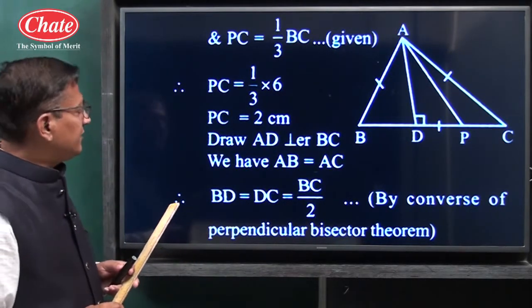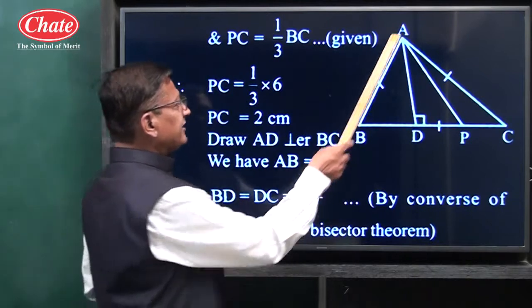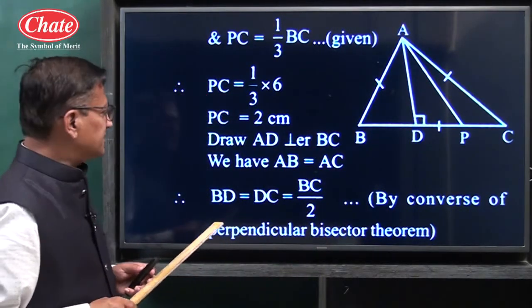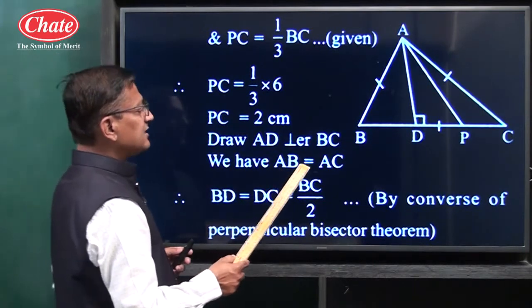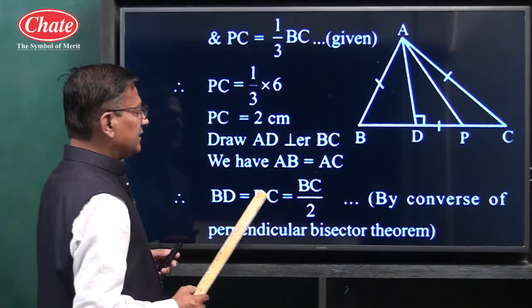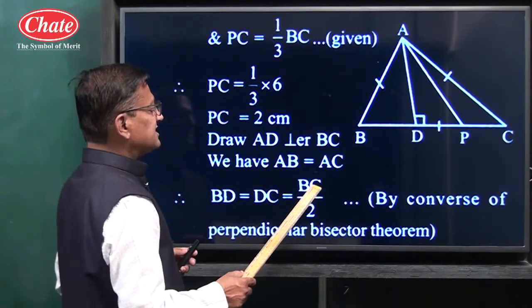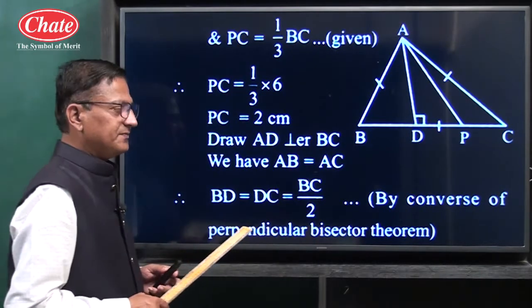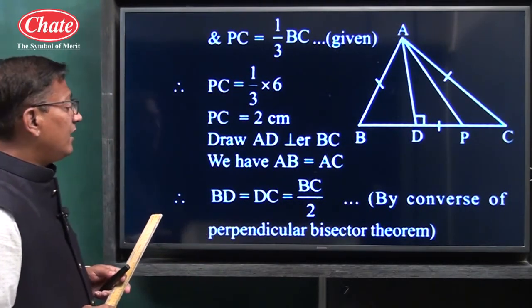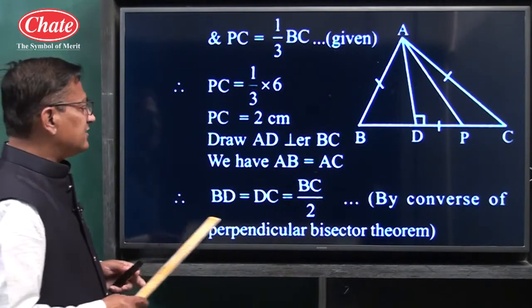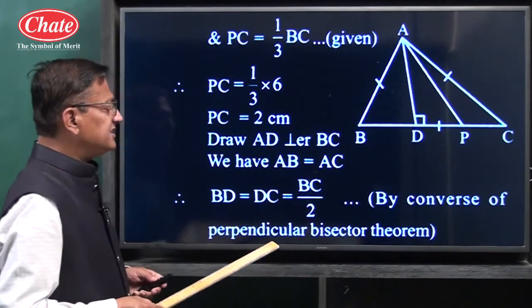Number 1. Number 2. Draw AD perpendicular to BC. We have AB is equal to AC. So BD is equal to DC is equal to BC by 2. It is 6 by 2. It is 3. By the converse of the perpendicular bisector theorem, BD is equal to DC is equal to BC by 2.